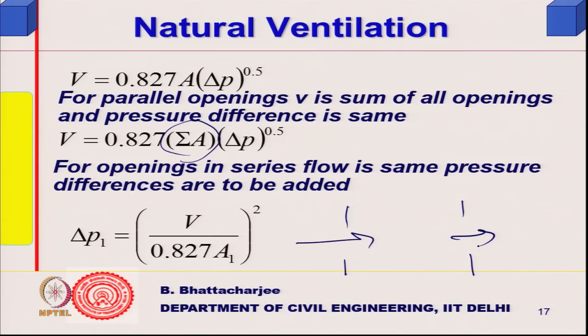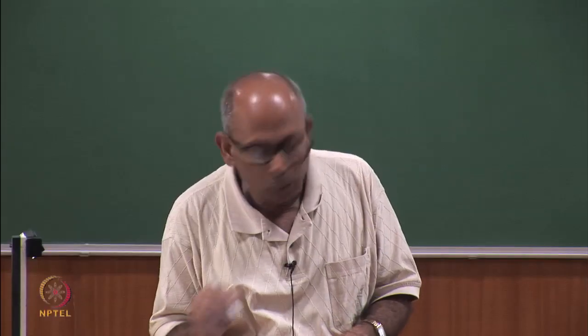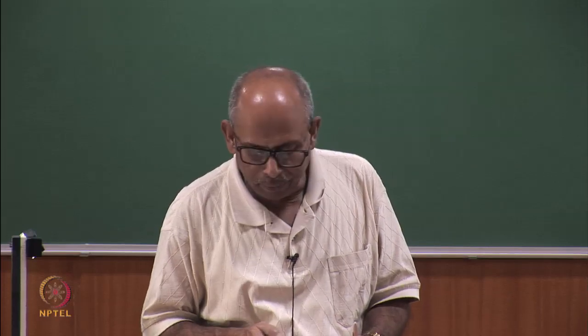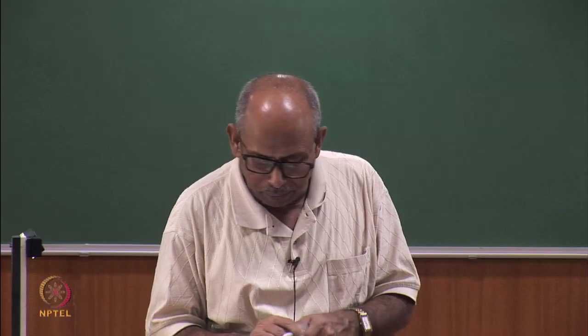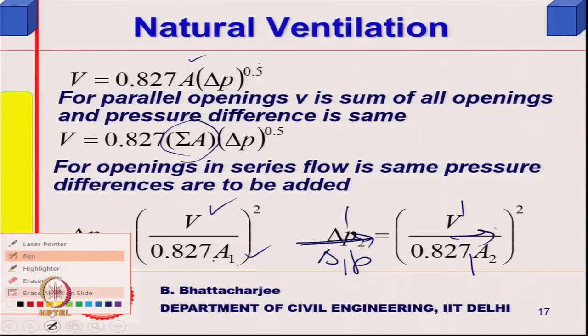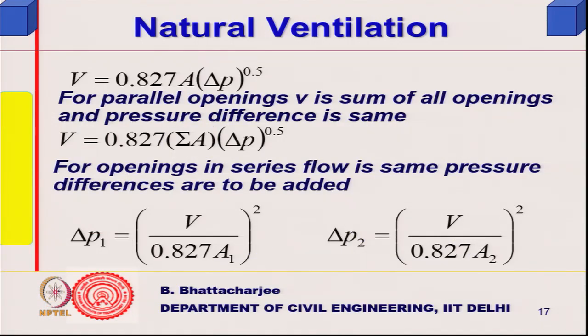Delta P1 is equal to the flow divided by area, because it was this one. So, if I know the flow, 0.827 A1, from this one I find delta P1, and delta P2 similarly, same flow but A2, right. So, delta P2 will be this.